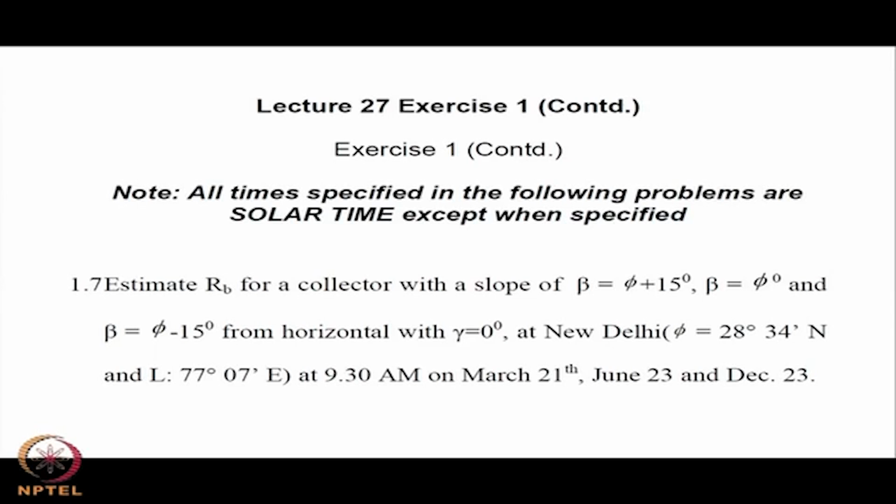So, these dates were chosen. The first one is the equinoctial day, declination is 0, and June has the maximum positive declination and December has the maximum magnitude wise negative declination.